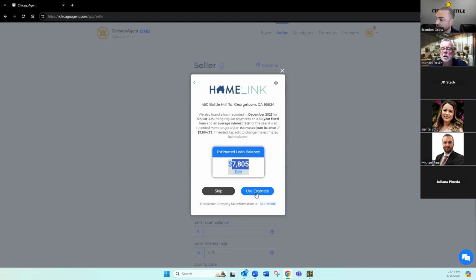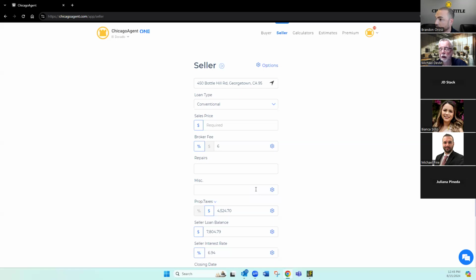So let's use that estimate. That's a really low loan amount. Yeah, I usually don't see that. It looks more like my credit card bill. Okay, so you do have the loan types here if you need to switch it, but it defaults to conventional. Sales price, next important thing.